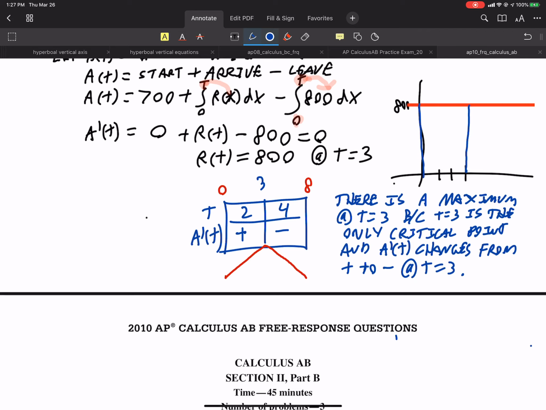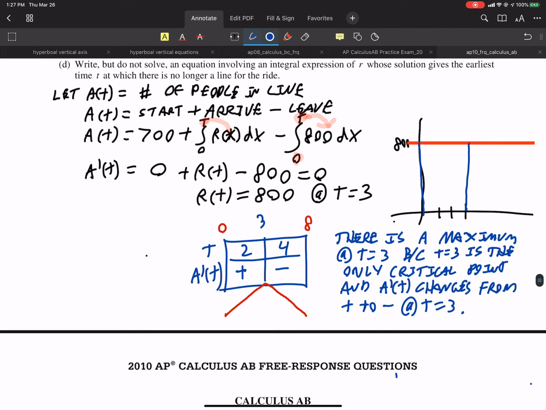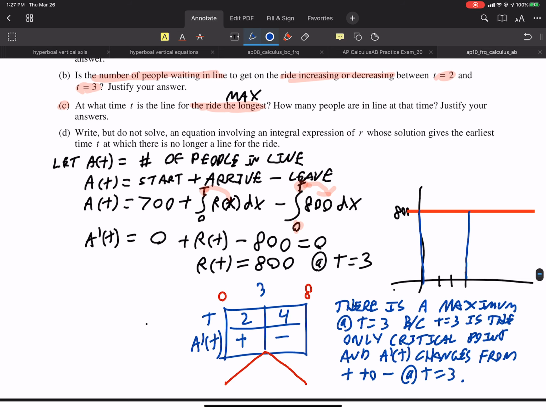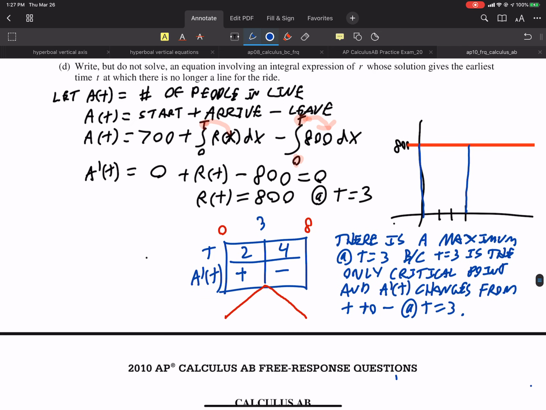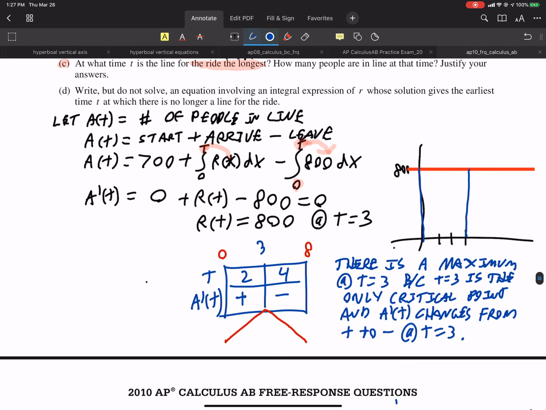Now, I might be really happy with that answer, but if you look, they also want to know how many people are in the line at that time. So the work I did previously for a of 3, you'd have to add and tell the grader that that's how many people are in line. So that is part C.